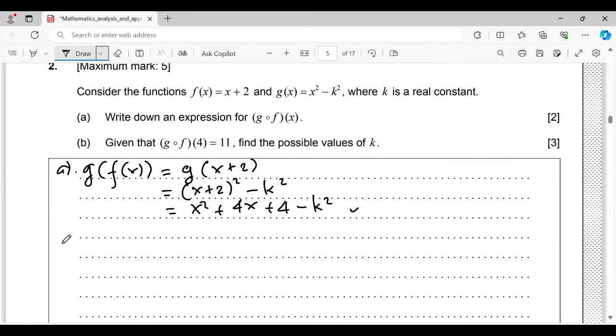Next, b. Given that g composition f(4) equals 11, find k. So g f(4) becomes 4 squared plus 4 times 4 plus 4 minus k squared equals 11.